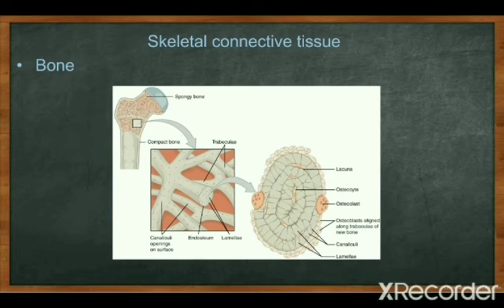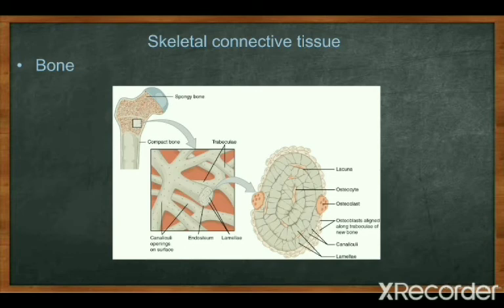The matrix of the bone is very hard because of the presence of salt and calcium phosphate and calcium carbonate. Calcium carbonate is about 60 to 70 or 80%. So it become hard. One protein which is present inside that is called as osseine protein.